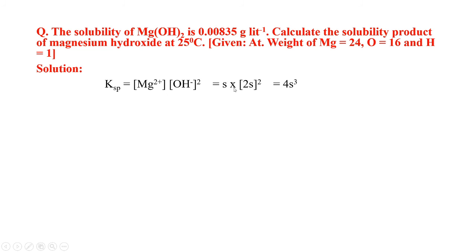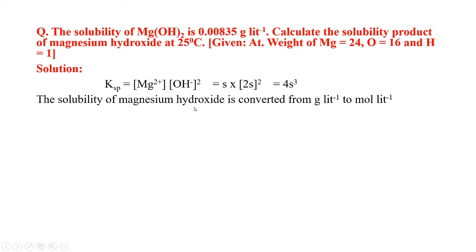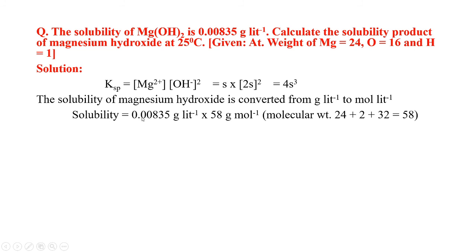So we can write S into (2S) square is equal to 4S cube. The solubility of magnesium hydroxide is converted from gram per liter to mole per liter. Solubility is already given in gram per liter, 0.00835, divided by molecular weight 58 gram. So we get the value 1.44 into 10 raised to minus 4 mole per liter.